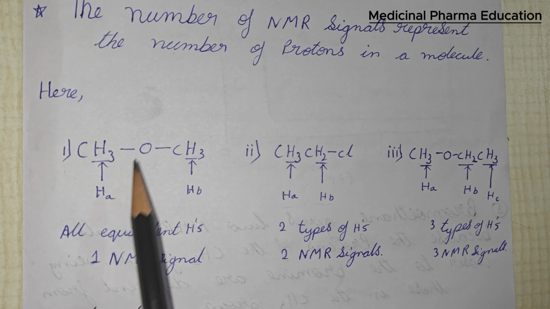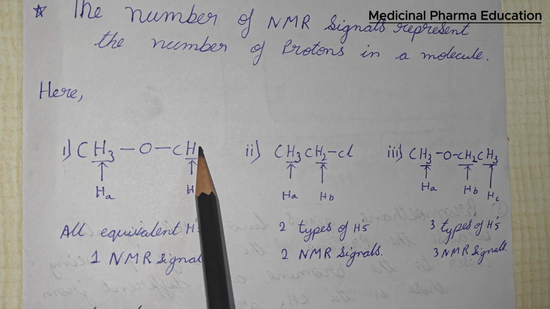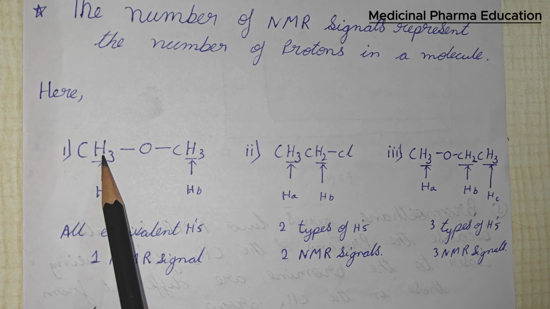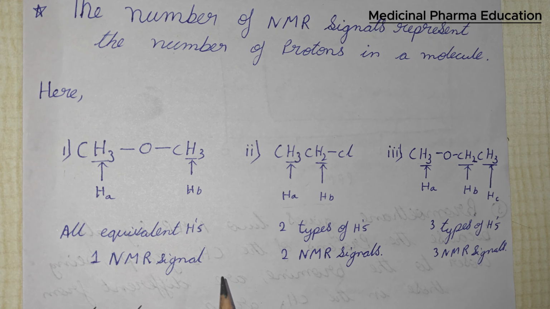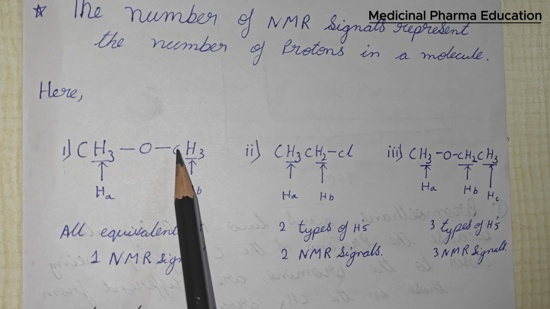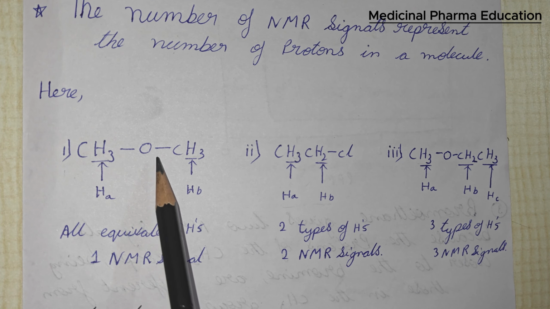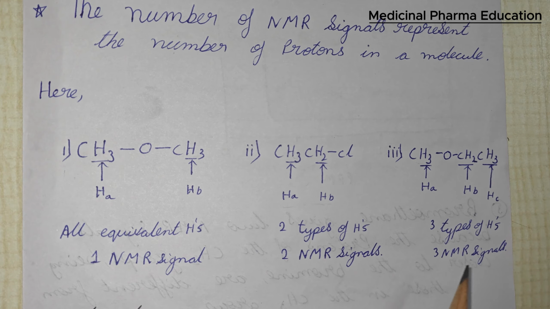All these 6 protons are similar. If you take one hydrogen here, it is similar to this one. If all 6 protons are similar, then it is one signal. If it is another carbon, then it is different. We'll see in the second example.